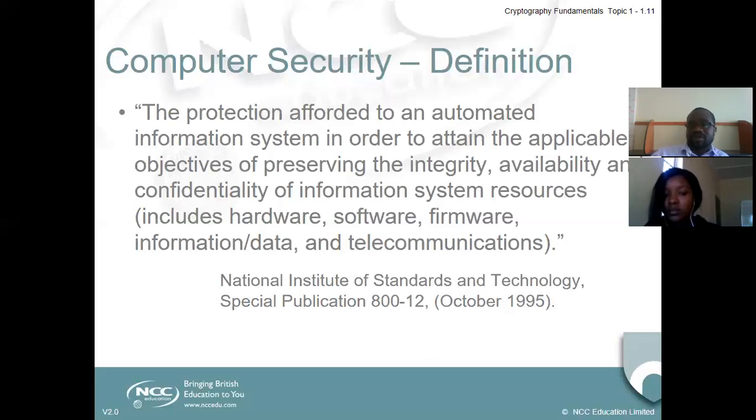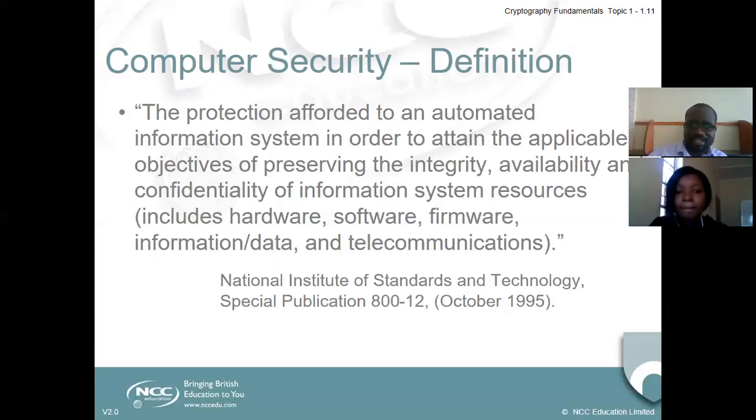The CIA triad. That's why we have integrity, availability, and confidentiality, isn't it? If there's no protection, there is no way you can preserve these three.